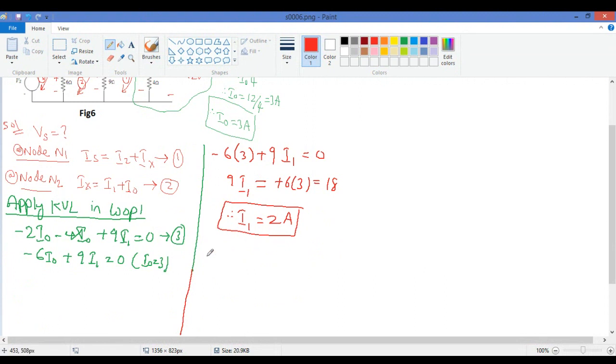So I naught is equal to 3 ampere and I1 is equal to 2 ampere. What is Ix? Ix is equal to I1, which is 2, plus I naught, which is 3, which is 5 amperes. So therefore we get Ix is equal to 5 amperes. Correct?